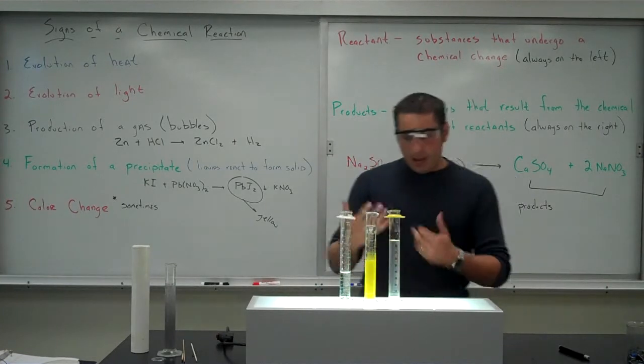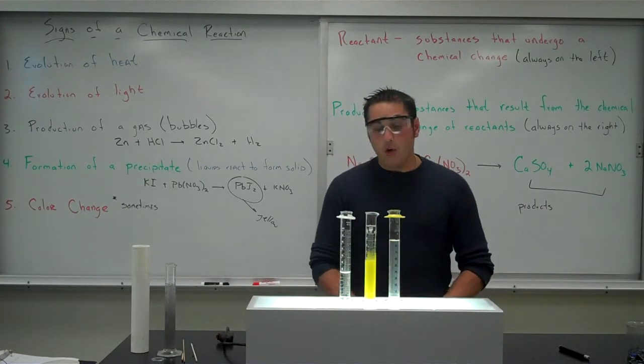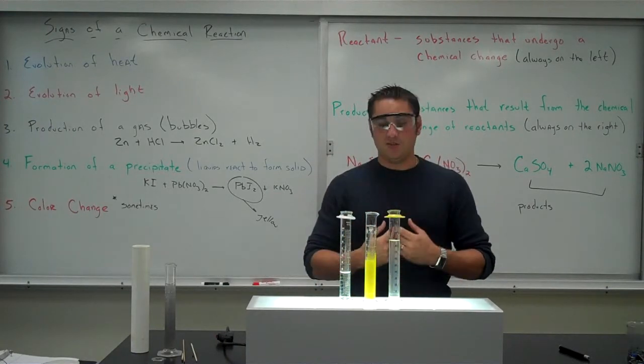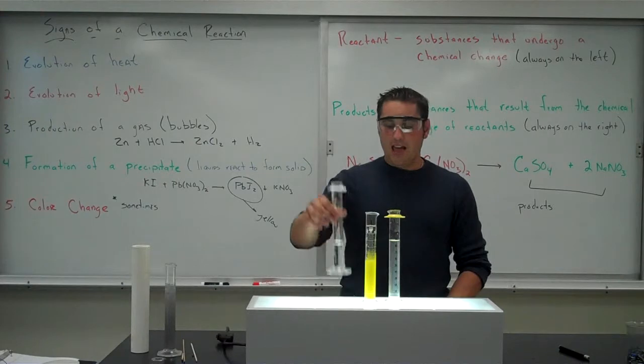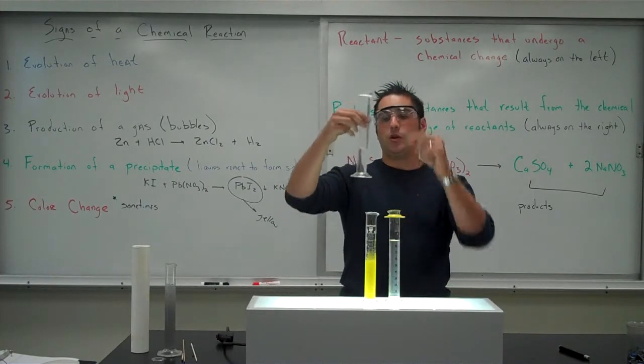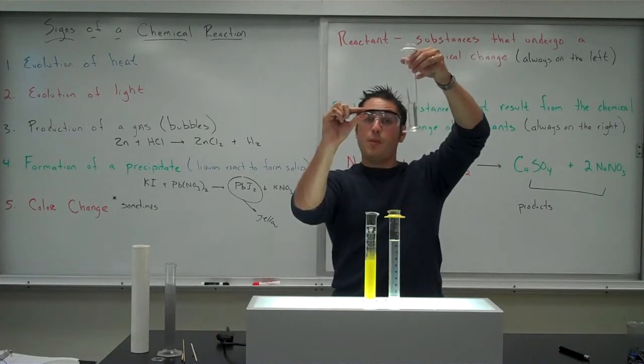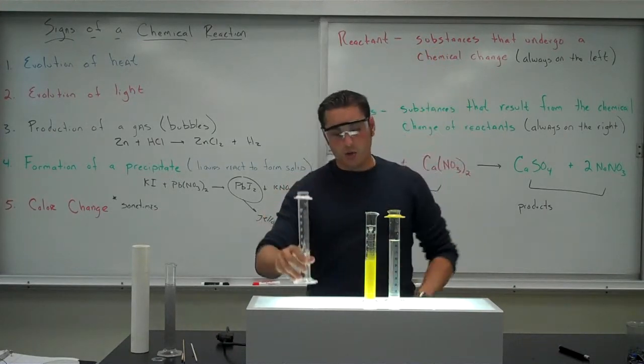If I had the time to let this sit and settle out, you would notice that it is in fact a solid. It would all crystallize and fall to the bottom, so that at the end of the day, and when we do this in class, I show it to you over 2 days, you would see a clear colorless liquid on top and then a bunch of a yellow powder that had now settled to the bottom.